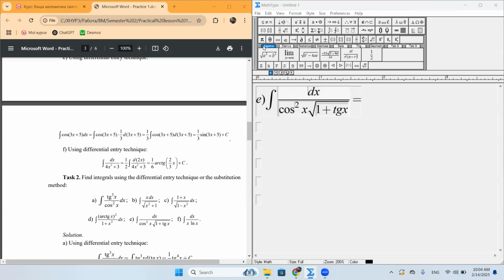Anyone? Daniil, yeah? At this moment I see only one: tangent. 1 over cosine squared x, so the differential of tangent, or something more.